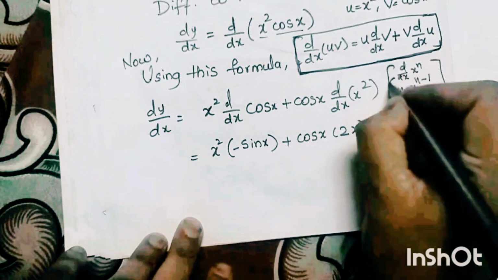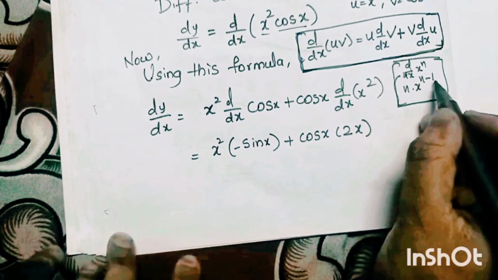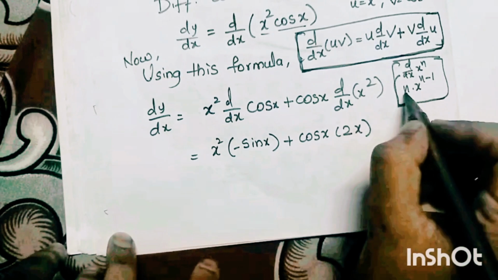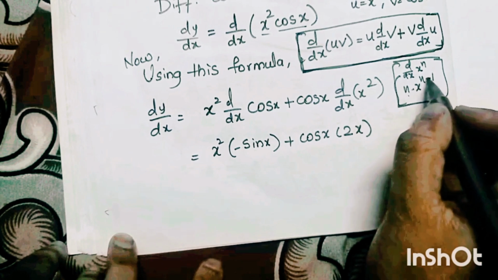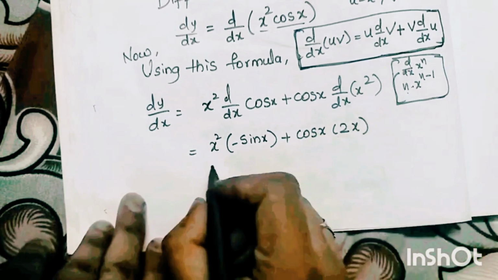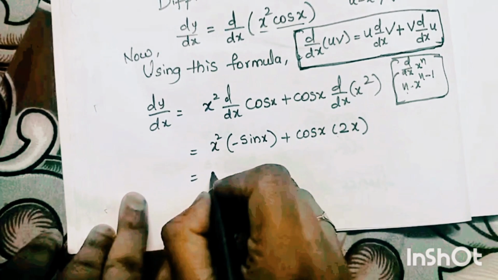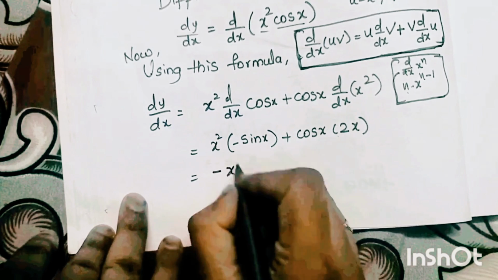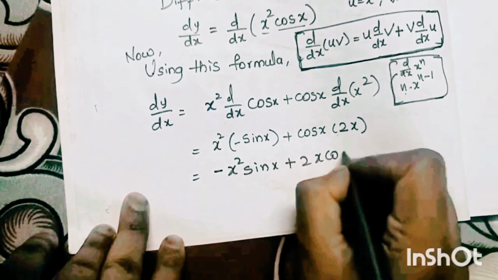This is in the form d by dx of x power n, that is n into x power n minus 1. We have 2 in place of n. So 2 into x power 2 minus 1, that is 2x. We are using these two formulas. So what we have obtained here is minus x square sin x plus 2x cos x.